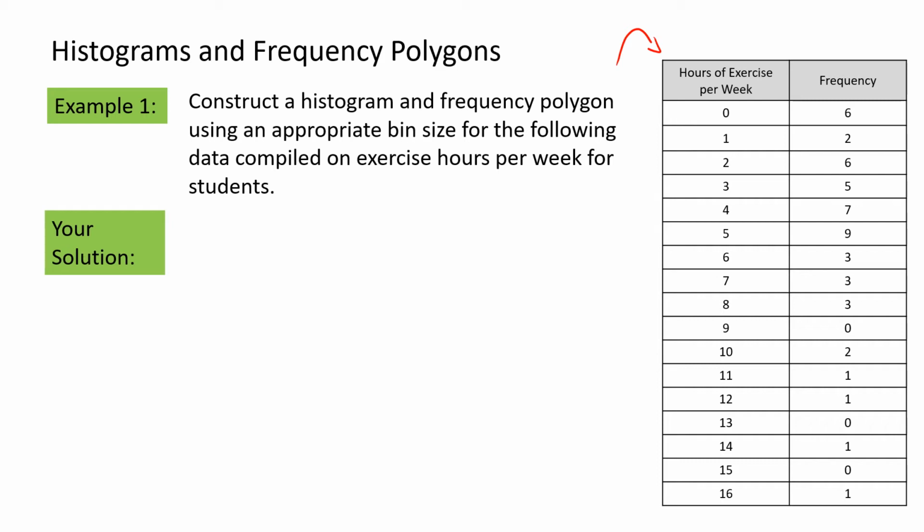It's one of those items that you could pick that your bin size is from 0 to 2, 2 to 4, I should say. Okay, 0 to 2, I'll redraw it. 2 to 4, 4 to 6, 6 to 8, etc.